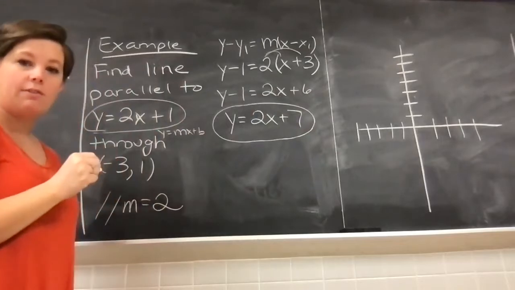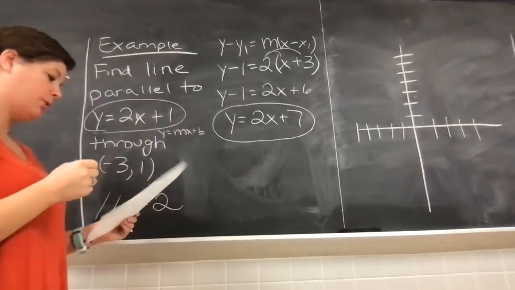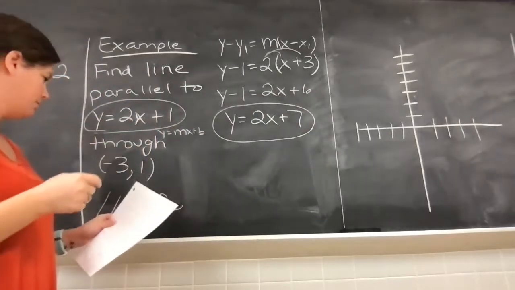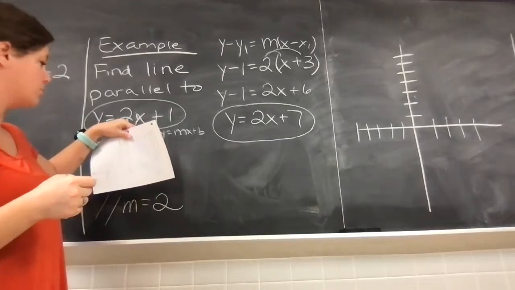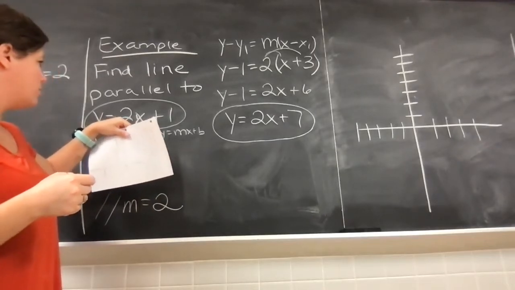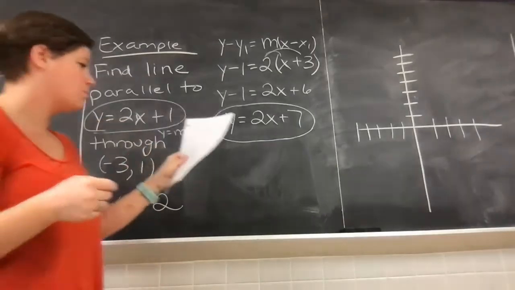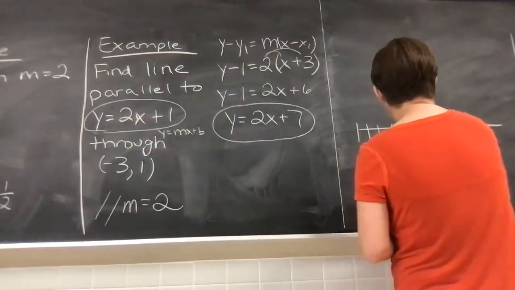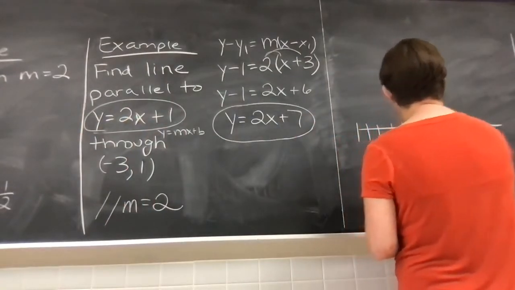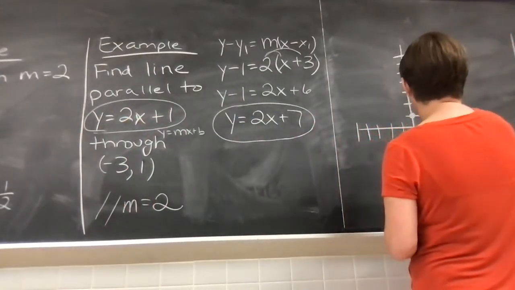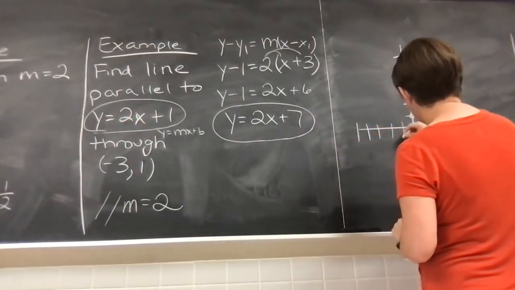And if I needed to graph that, I totally can, and I'm going to so I can show you what they look like. Okay, first I'm going to graph my first one, 2x plus 1. That means I have y-intercept at 1, and I go up 2 and over 1 for my next point.